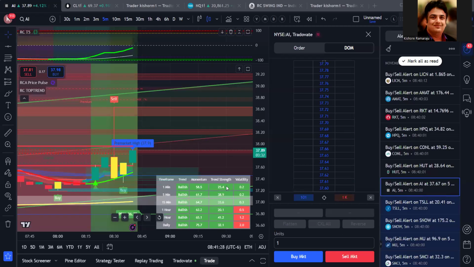Around 1.10 or 1.13, you can buy the 38 call. You can get the 38.5 call at around 1.10.